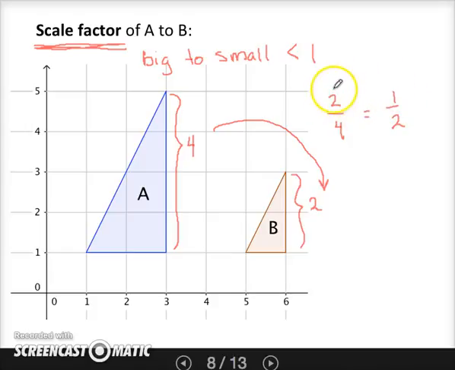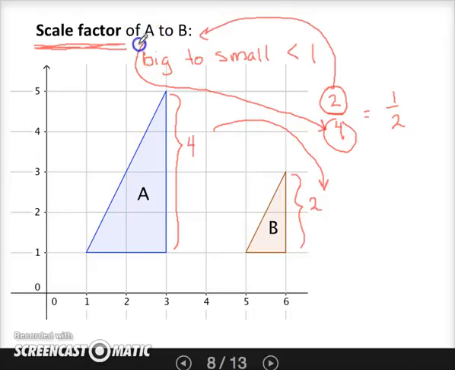So notice that the 2 came from triangle B and the 4 came from triangle A. If you start to get confused about which number to put in the numerator and which number to put in the denominator, just ask yourself, am I going from big to small or small to big? Since in this case I'm going from big to small, I need something that's less than 1. It should be a fraction that's less than 1 because I'm making the shape smaller.